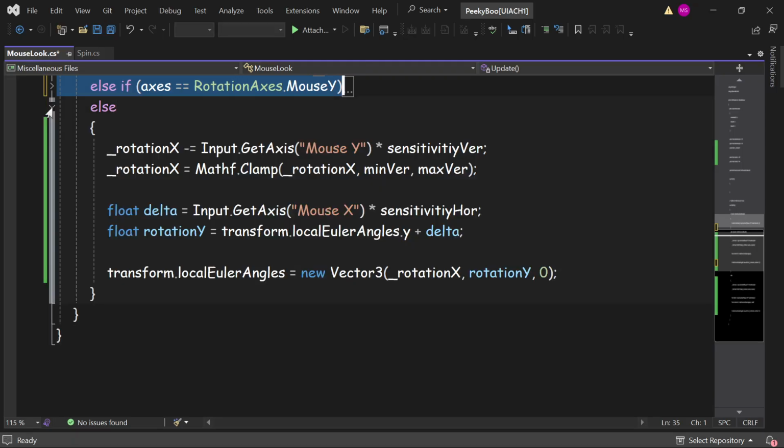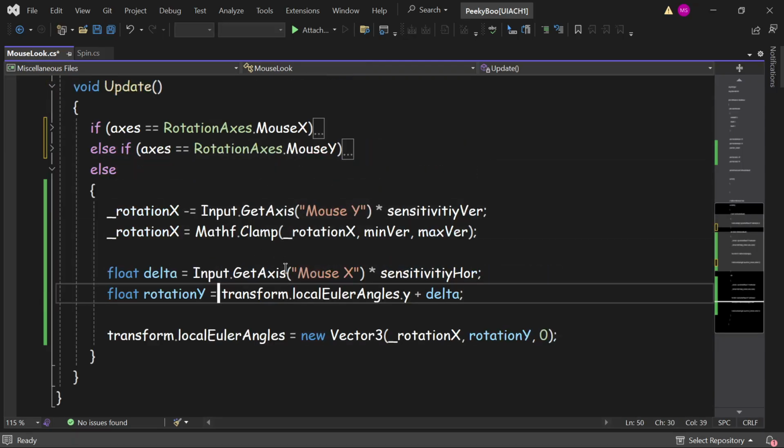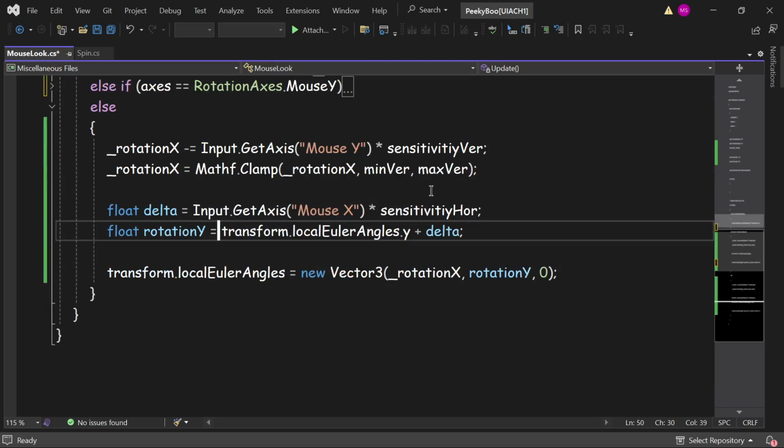Now for the last one, this is applying both X and Y. It's a combination of the last two control statements, except now we have this here.